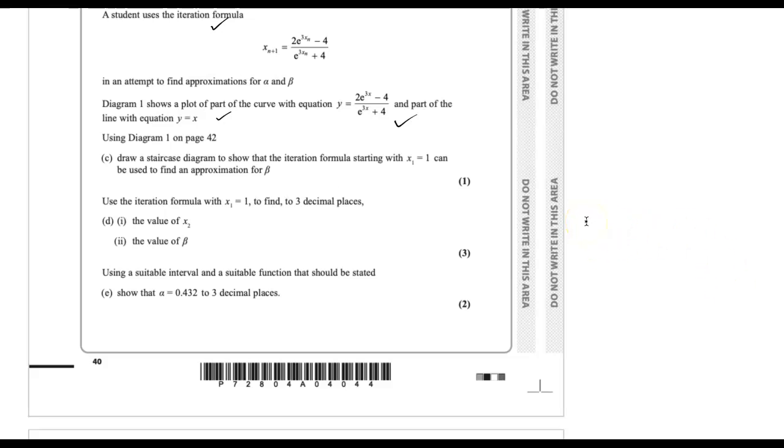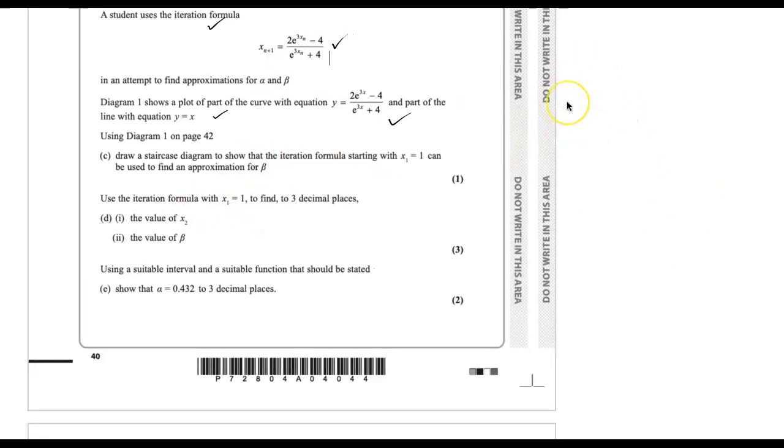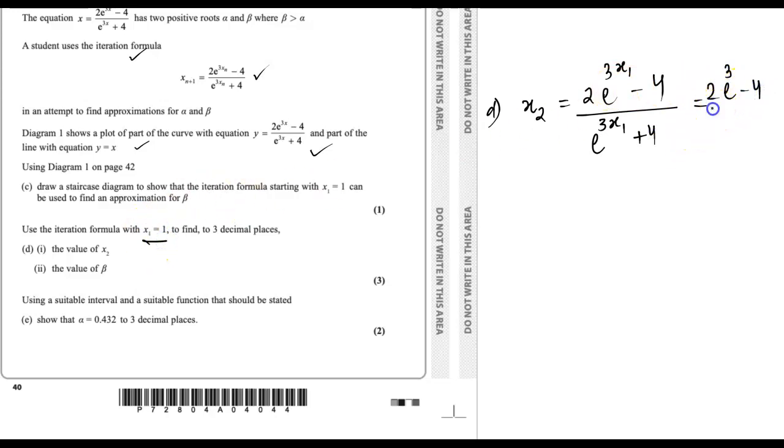So for D part, xn is given to us, and we have to find x2, right? x2 is going to be 2 e to the power 3 x1 minus 4 over e to the power 3 x1 plus 4. That will give us 2 e to the power 3 minus 4 over e to the power 3 plus 4, because the value of x1 is 1.